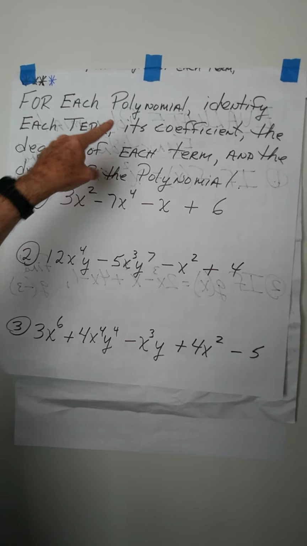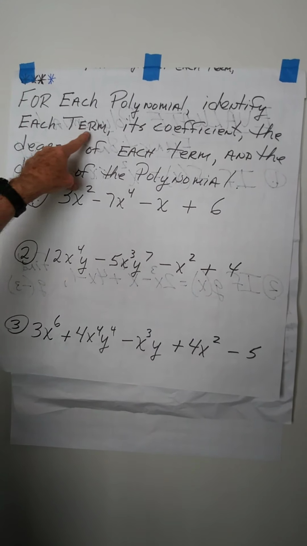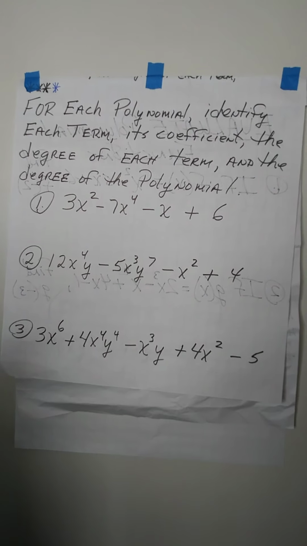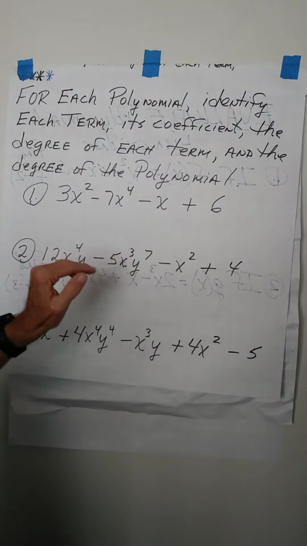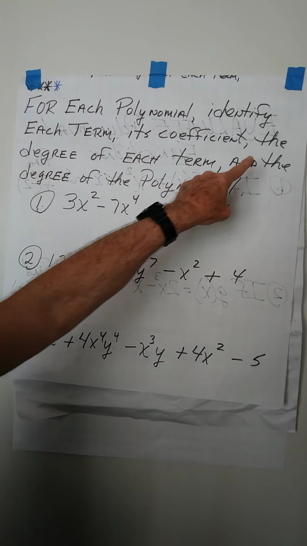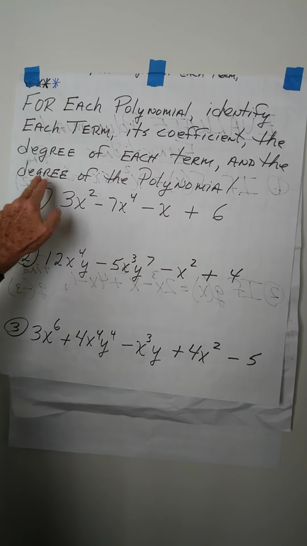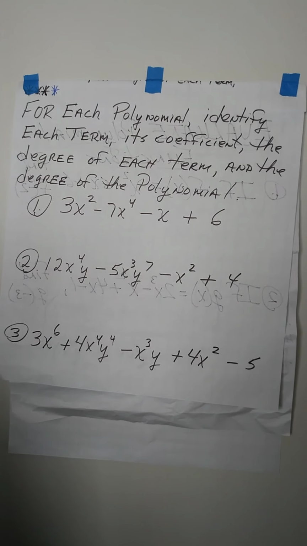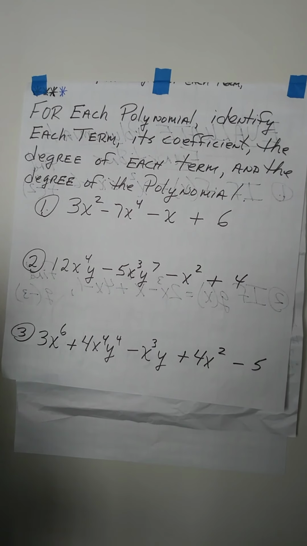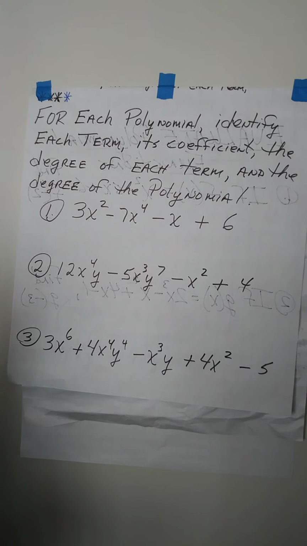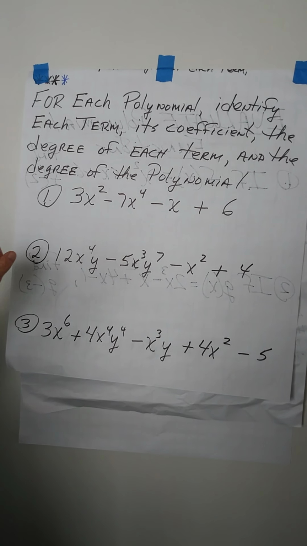For each polynomial, identify each term, the coefficient of each of those terms, the degree of each term, and the degree of the polynomial. So let me just summarize before we enter into number 1. Here are the 4 items that they're going to be asking you to do.